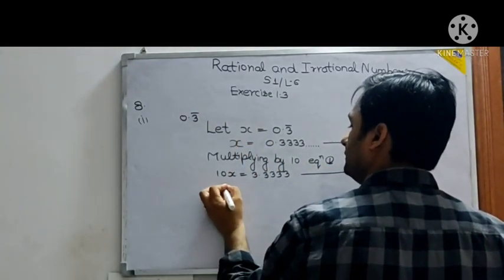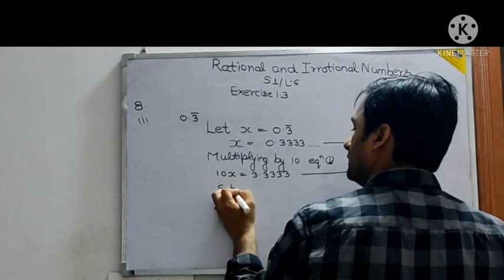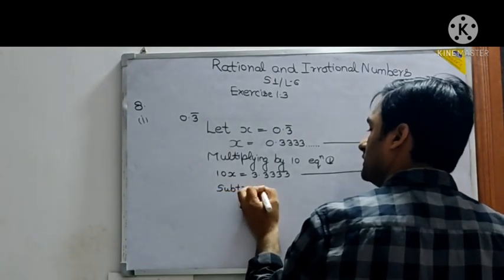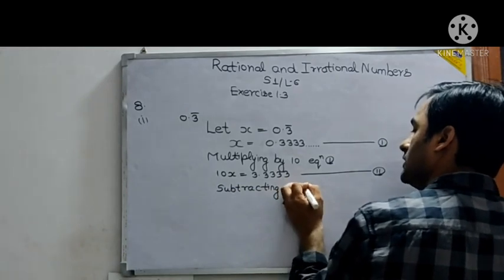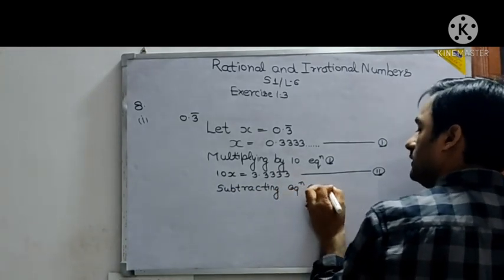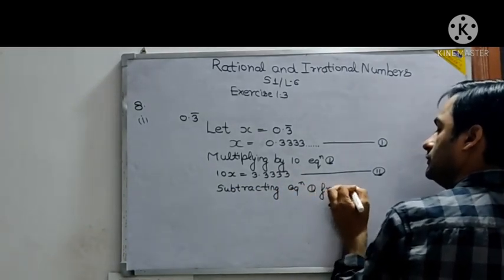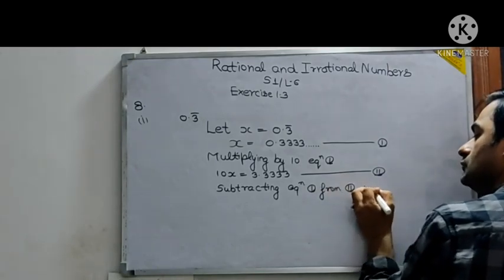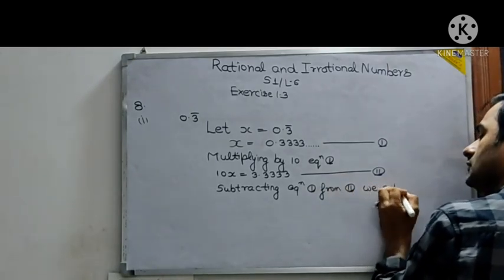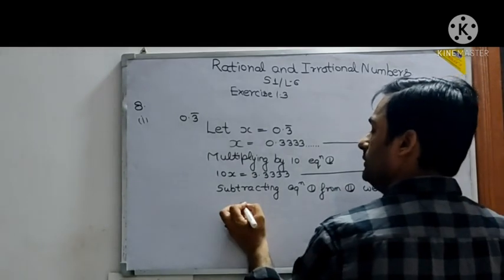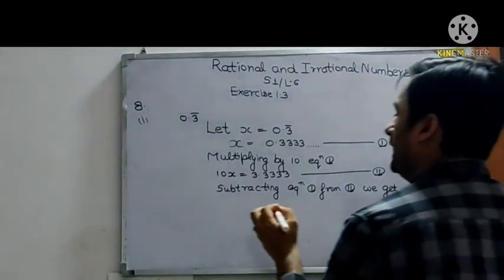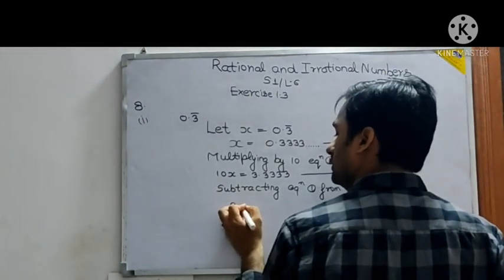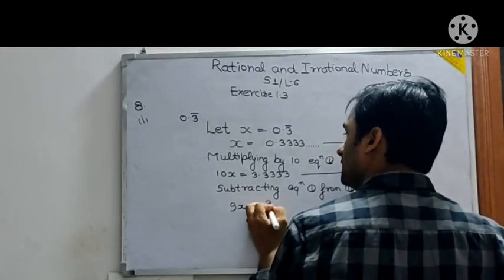You will write, subtracting equation 1 from 2, we get 10x minus x, which will be 9x, equal to 3.